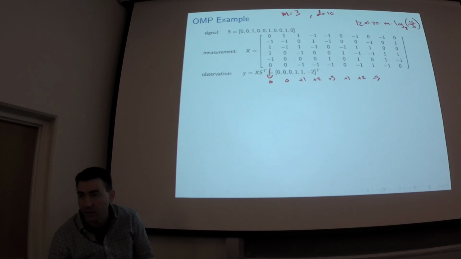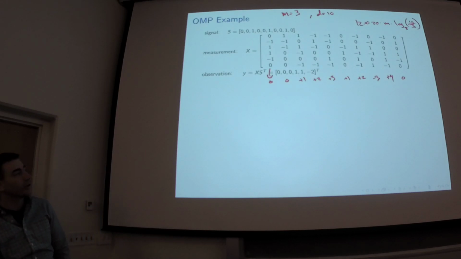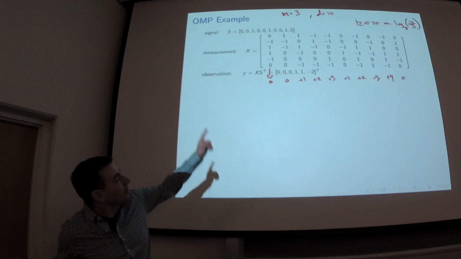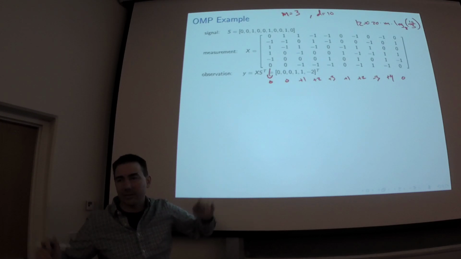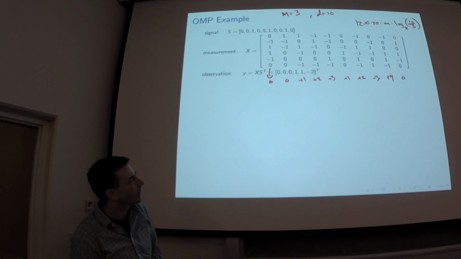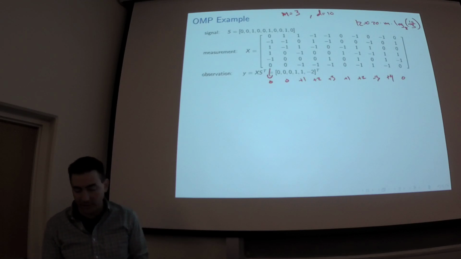Minus 3. And this one's going to be plus 4. That one looks like it's going to be the maximum, and this one will be 0. So column 9 is plus 4. Actually, because I restrict the signal to 0, 1, any negative number is going to be bad, because I can't give a negative coefficient. So column 9 is going to be the best.